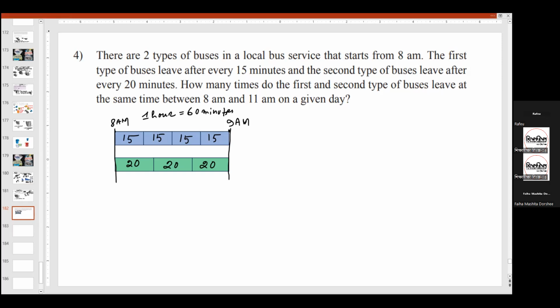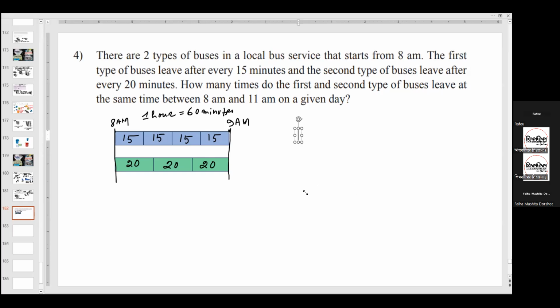Right. So if we want to write the solution for this math, we can write 8 a.m. to 11 a.m. is equal to 3 hours, right? Or we can write 11 minus 8 hours is equal to 3 hours.